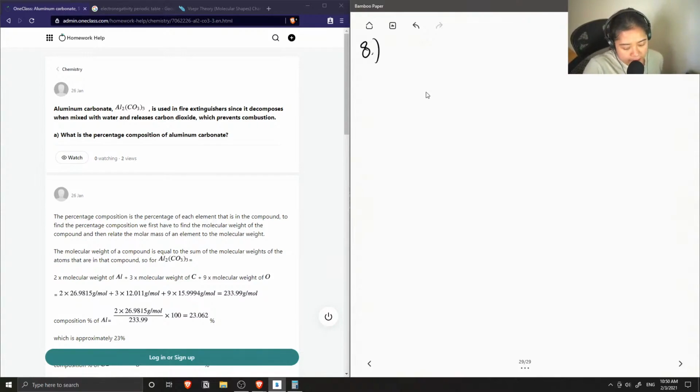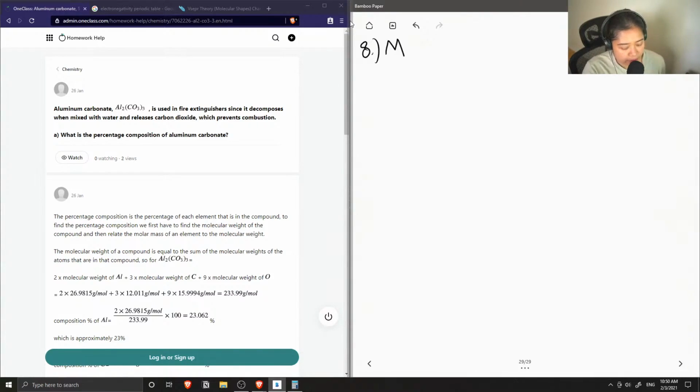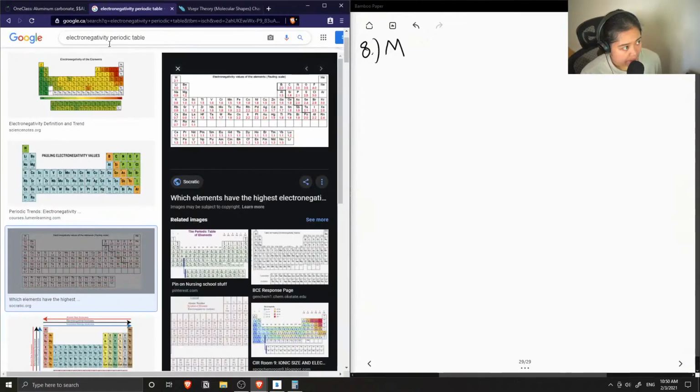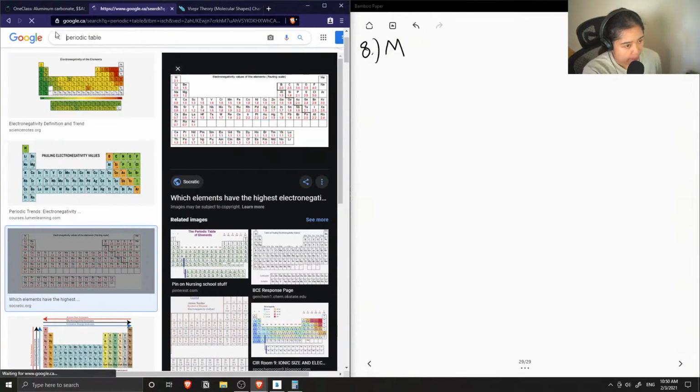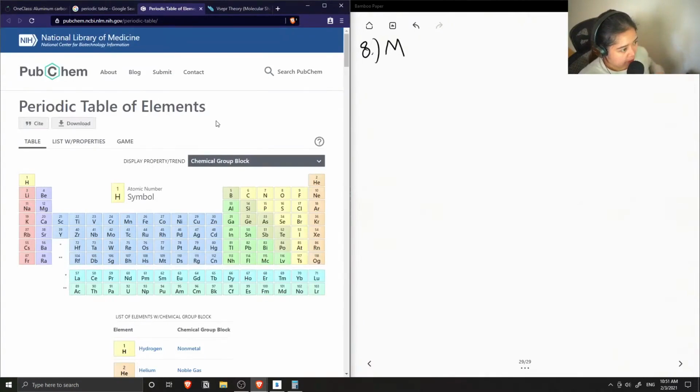Okay, so to answer this question, we would need all of the individual atomic masses of the atoms involved in aluminum carbonate. So we can look their values up on the periodic table. I don't know aluminum's off the top of my head.